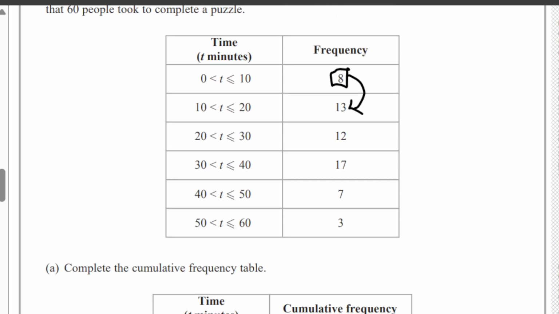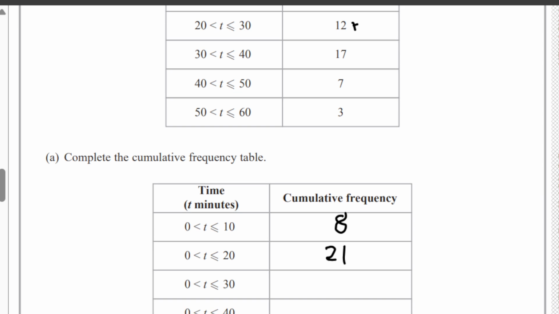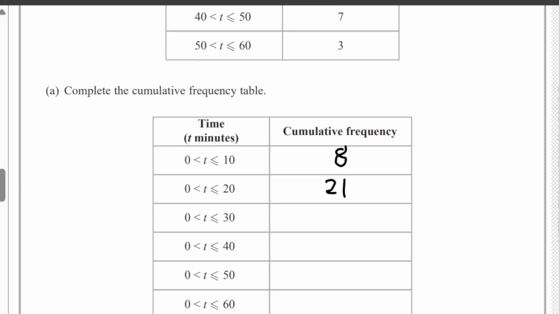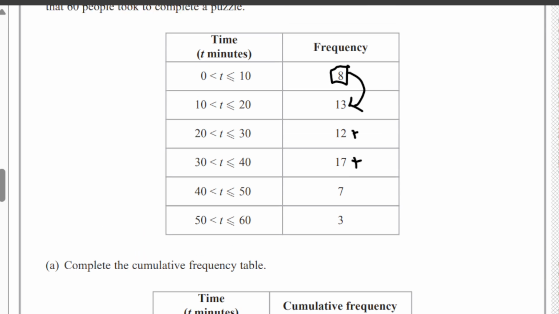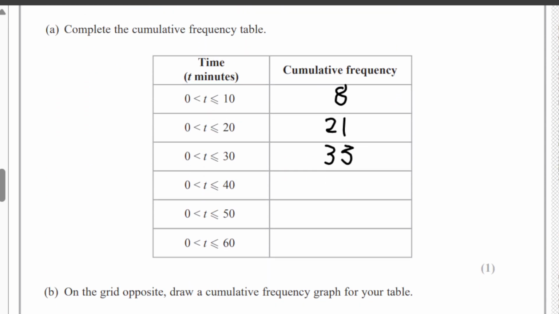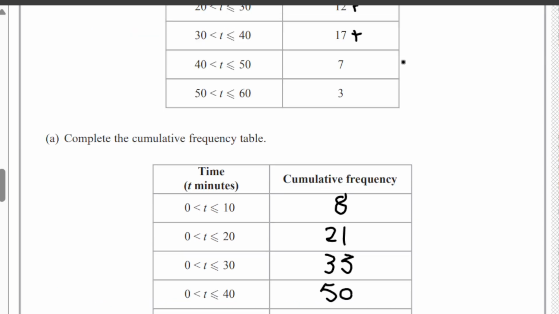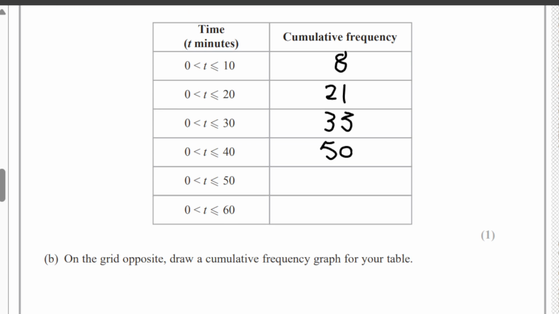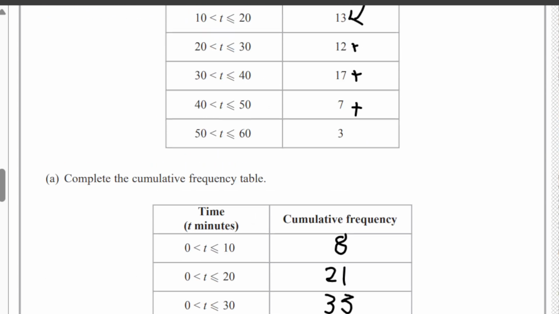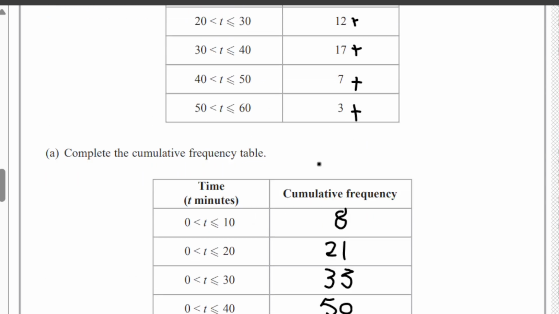And then 21 plus 12, I think that's 33. And then 33 plus 17, that's 50. And then I add again 50 plus 7 is 57. And finally 57 plus 3, which is 60.